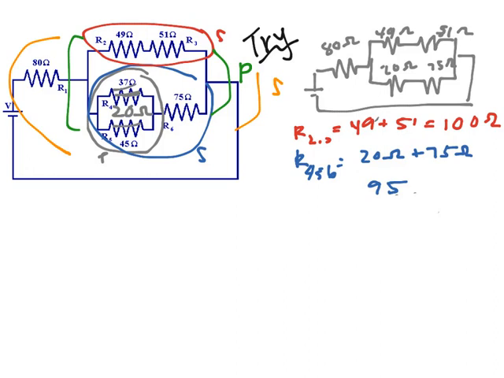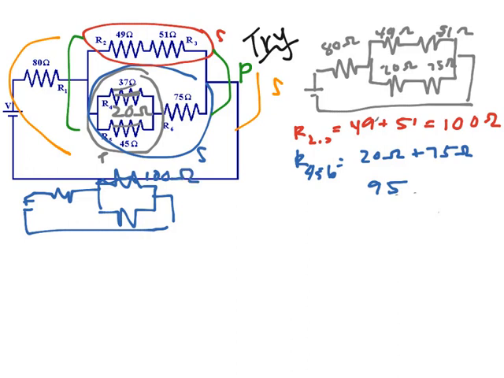So if you redraw this, there's that first resistor, and it breaks off. I know, my circuits are really beautiful. So this is 100 up at the top, and then 95 down here, and this is still 80 ohms.